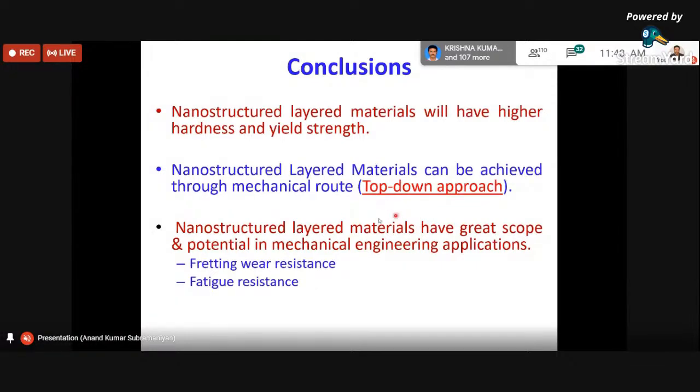And nanostructured materials have great scope and potential in mechanical engineering applications, primarily for improving fretting wear resistance and fatigue resistance.